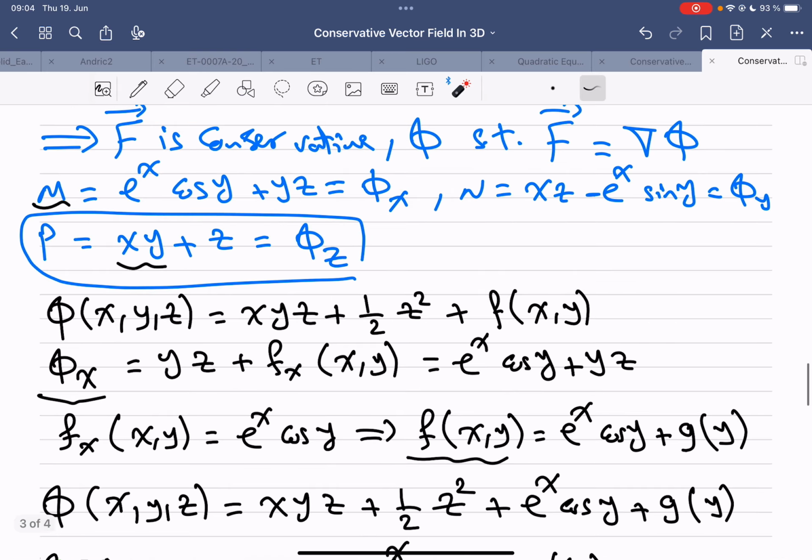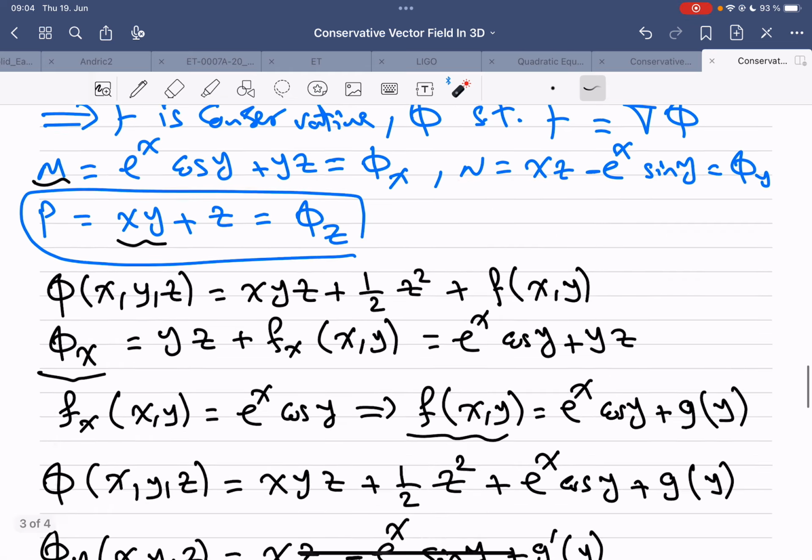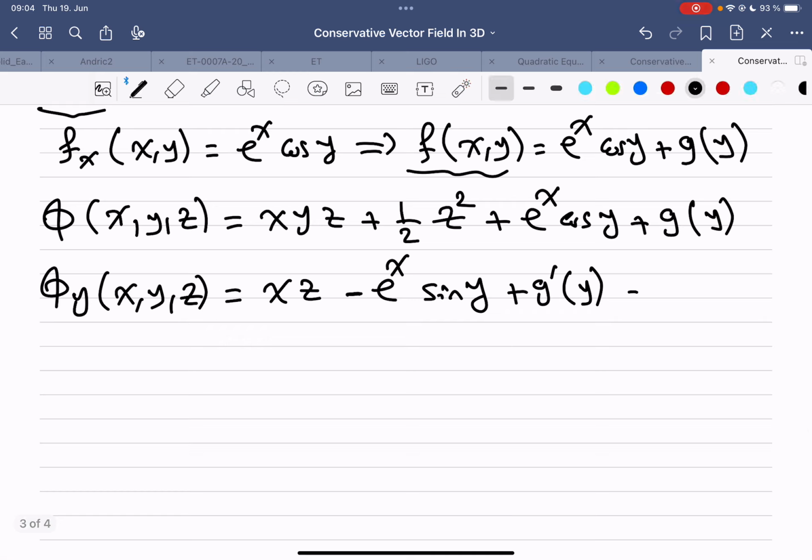Now, phi y is the same as n, which is xz minus e to the power x sine y. From here we can deduce that g dash y equal 0.